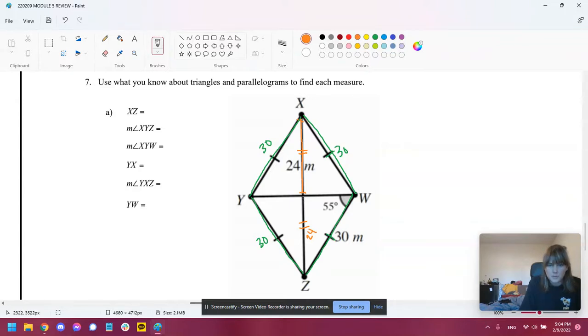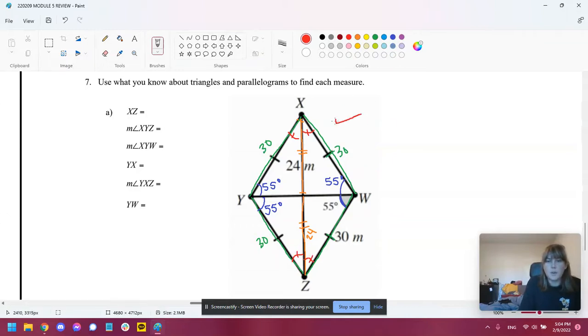Let me... Oh, sorry. This blue angle is 55, so all of these angles are 55 as well. All of these red angles up top are also going to be the same, and down bottom.